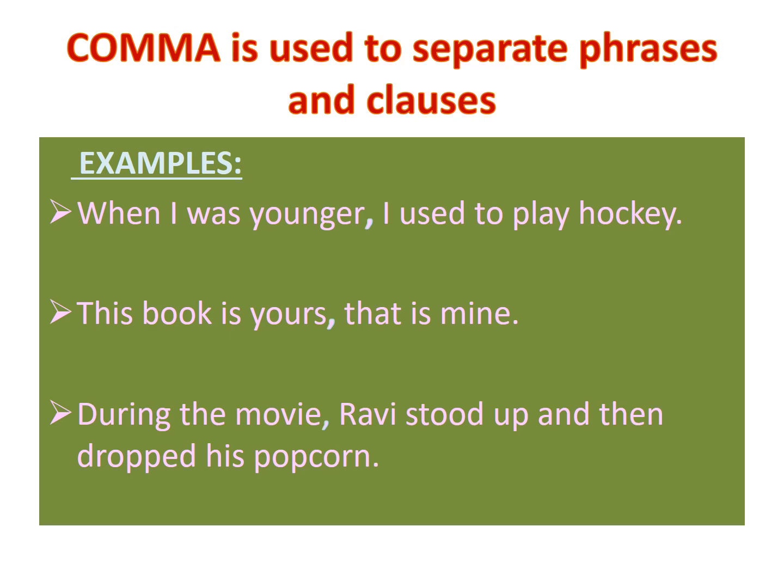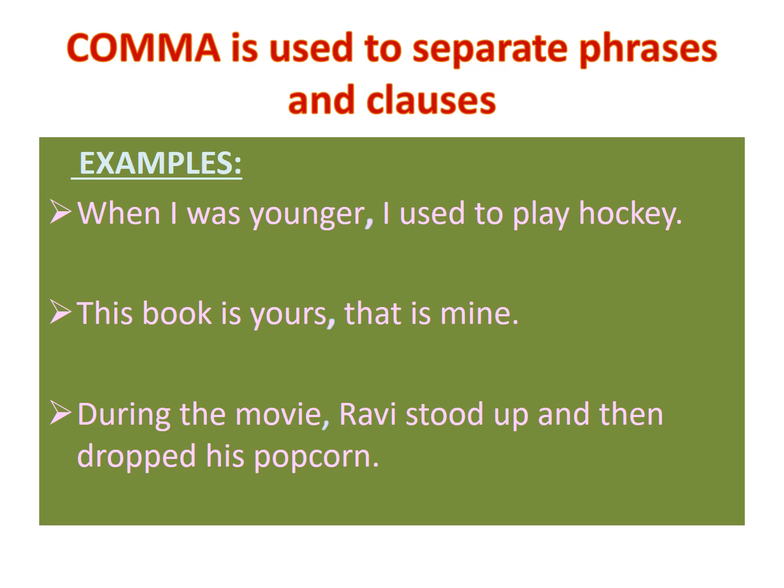When I was younger, I used to play hockey. This sentence consists of two clauses. One is independent and another is dependent. I used to play hockey is an independent clause, and when I was younger is a dependent clause.